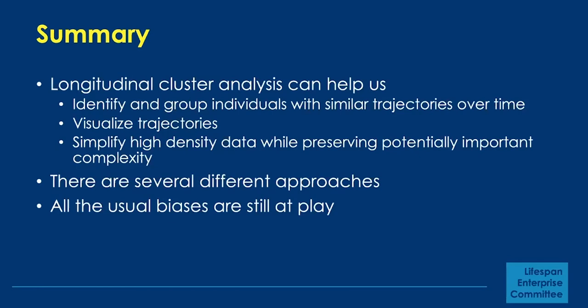There are several different approaches that investigators will have to consider when conducting a longitudinal cluster analysis. And it's important for investigators to remember that all the biases are still at play and to consider the impact of various biases on the trajectories.